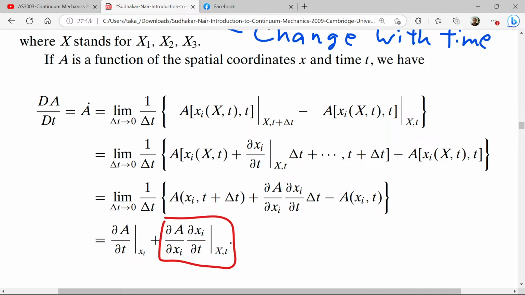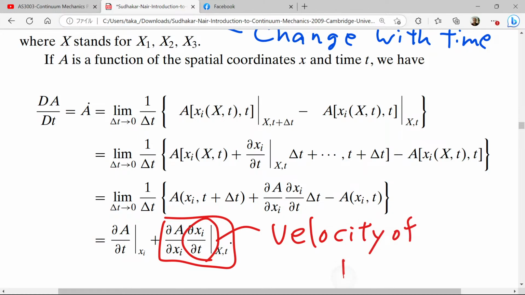Strange, huh? This is more like the velocity of the particle. This is the velocity of particle X.